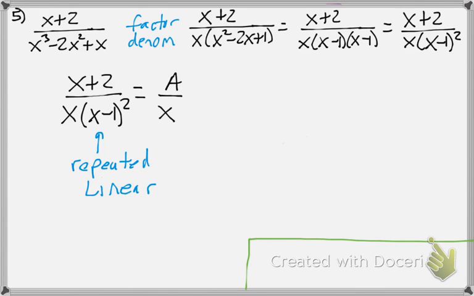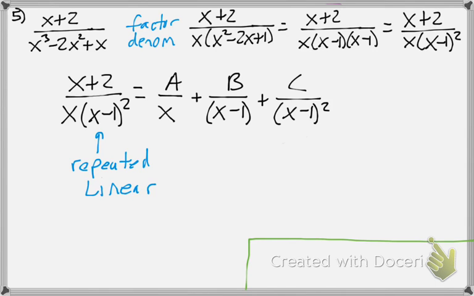So how we deal with that is I need to build up to the power. So I can't just put x minus 1 squared as my denominator here. I need to start out with an x minus 1 and then go up to an x minus 1 squared.